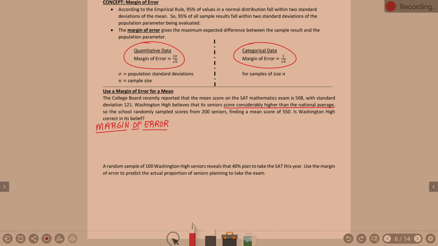So we're going to be using 2 sigma over the square root of n, because we are using the quantitative one. What is sigma?